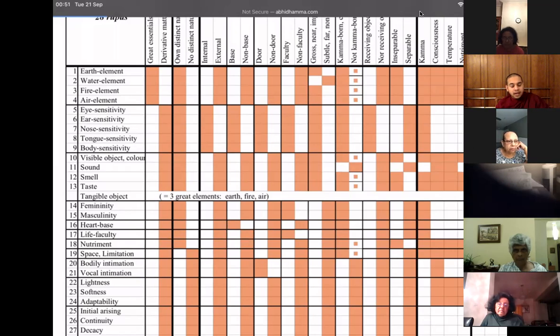Whereas in the process of a visible object, there is a direct impingement, which is the light that falls on the pasada. If we take smell, the same thing. If we take taste, same thing.